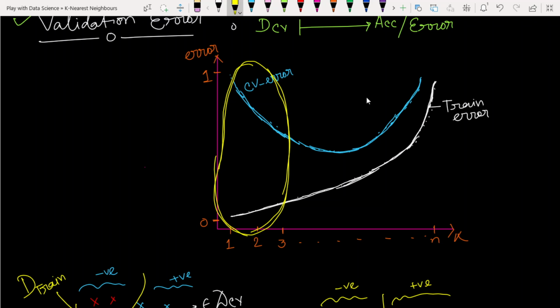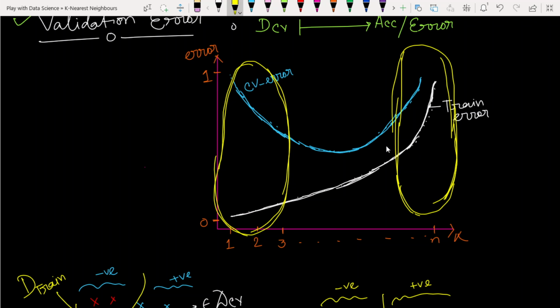And this region, when the k value is large, is called the underfit region. So this region is called the overfit region, and this region is called the underfit region.